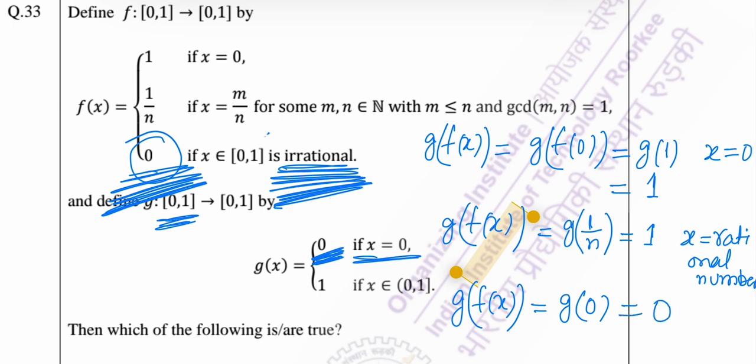So if we summarize this whole messy thing, then what we get?